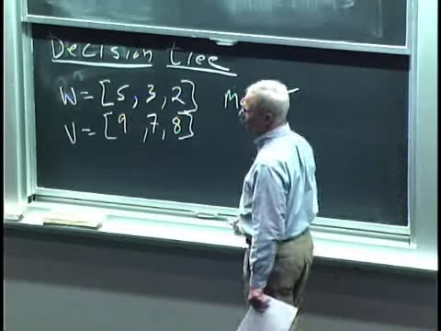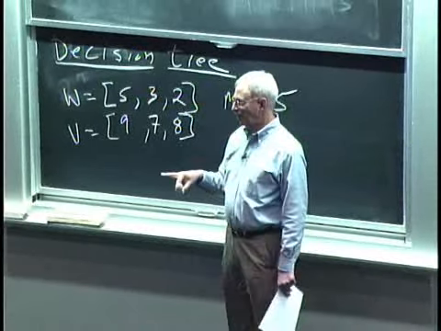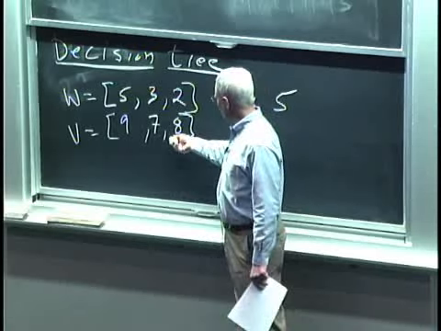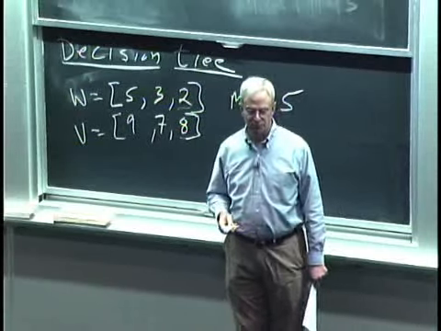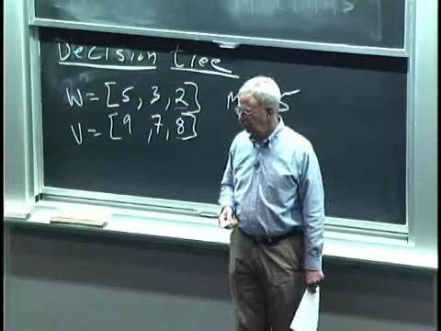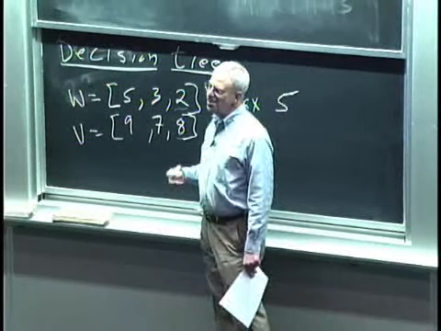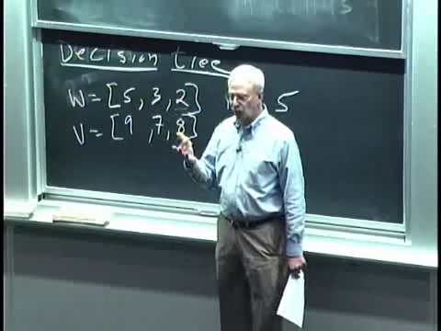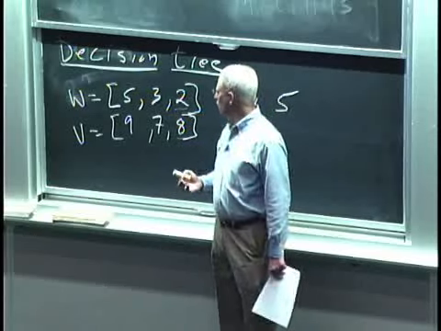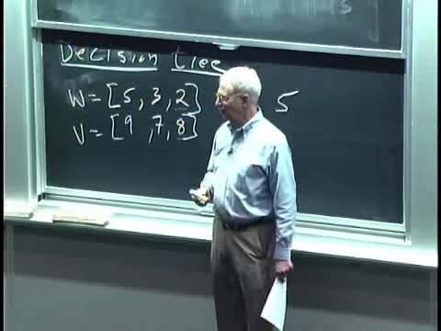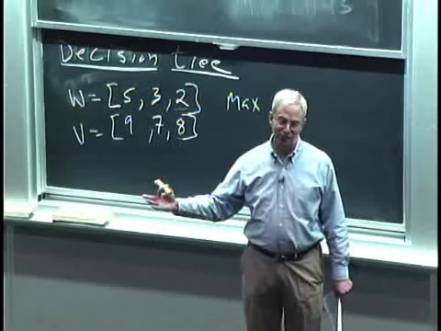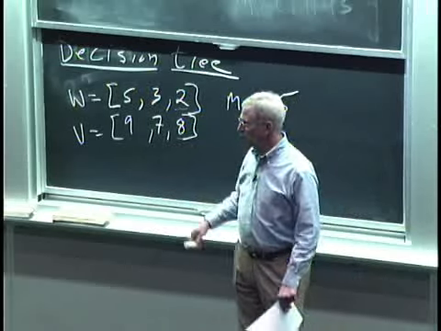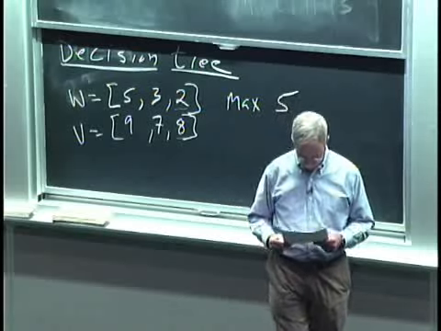For reasons that will become apparent when we implement it in code, I'm going to start at the back, the last element in the list. And I'm going to use the index of that element to keep track of where I am. So I'm not going to worry whether this item is a vase or a watch or a painting. I'm just going to say it's the nth element, where nth is somewhere between 0 and 2 in this case.